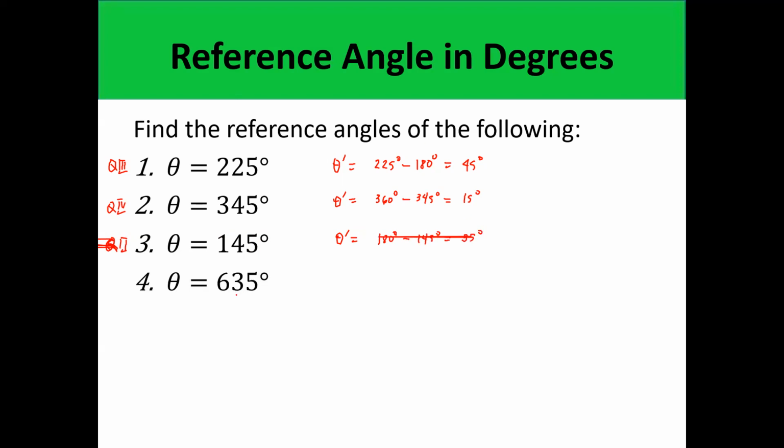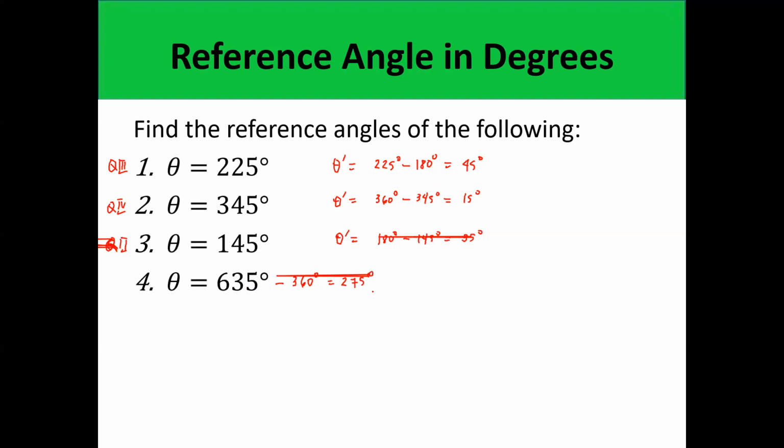And then fourth, we have 635 degrees. Now, 635 degrees is outside of the interval between 0 and 360 degrees, so we need to get an angle coterminal with 635 degrees. We can subtract 360 degrees here. So 635 minus 360 degrees is 275 degrees.